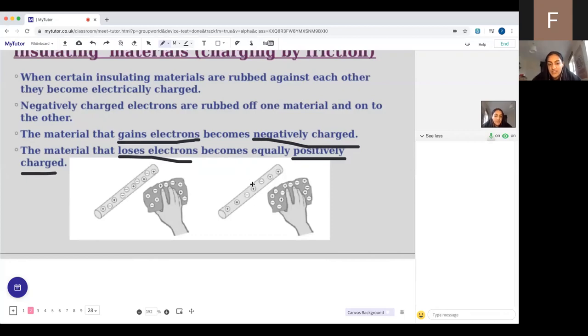There are still some negative charges, but the majority are positive. So we say that the rod becomes positively charged. The cloth has more negative charges. So because the majority of charges on the cloth are negative, the cloth is negatively charged. So the electrons move from the rod to the cloth in this instance.